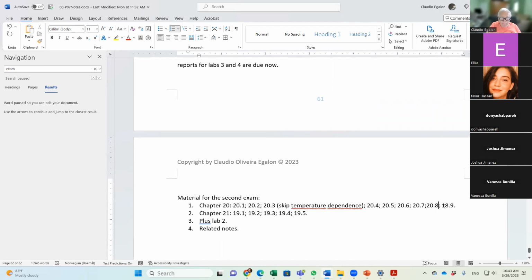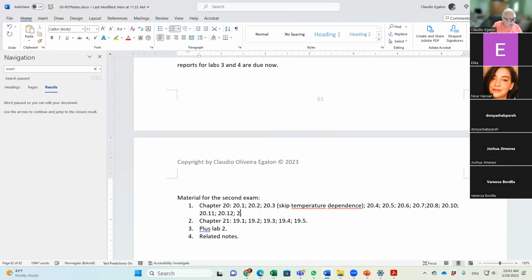Okay, so 20.10, Kirchhoff's laws. You have to know how to use Kirchhoff's laws.